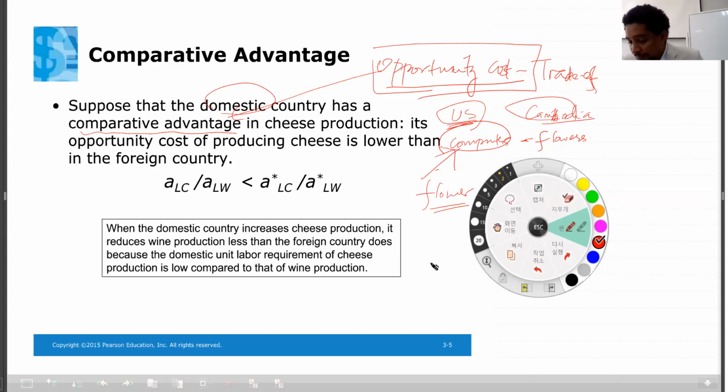So as I've said, it is economical and the opportunity cost is lower for the US to buy flowers from Cambodia and just focus on producing computers, because the opportunity cost of producing flowers is higher for the US.